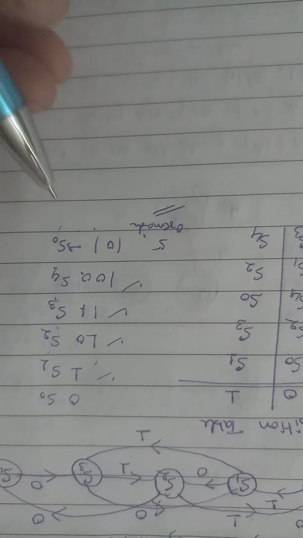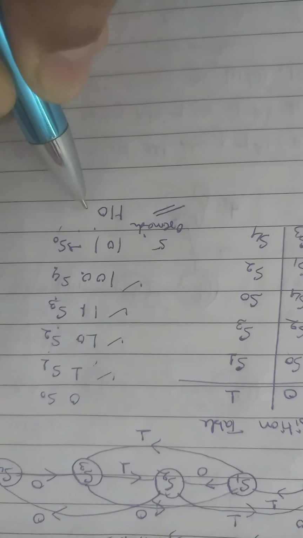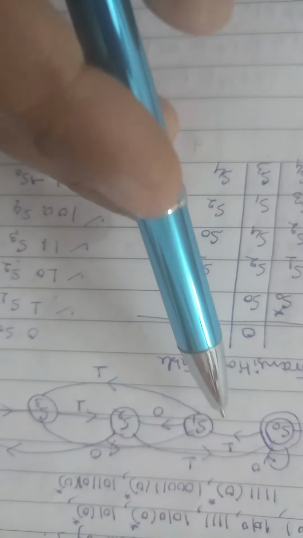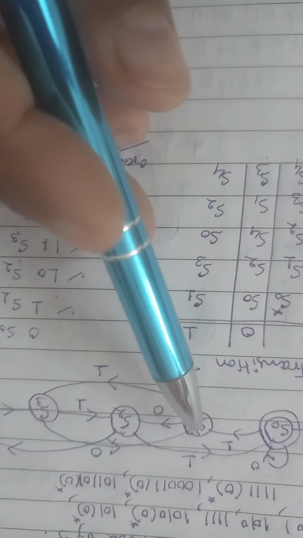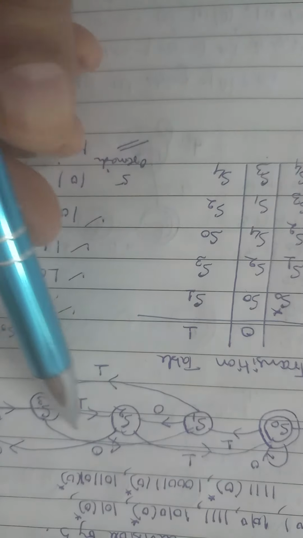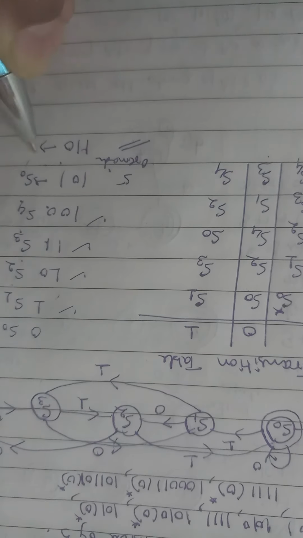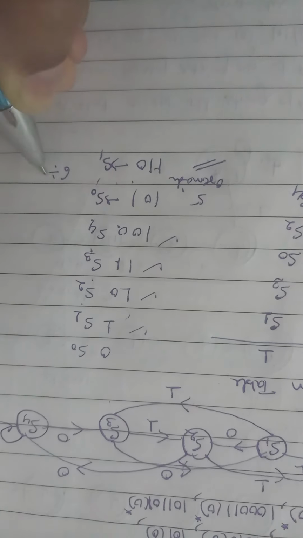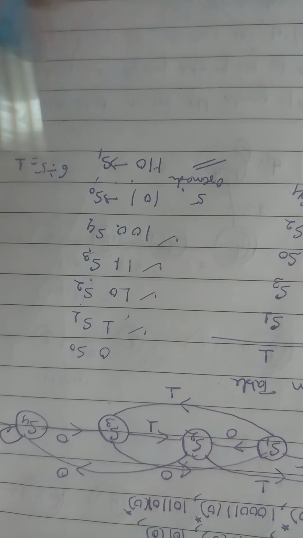In the similar way, we can see when 1 1 0, where are we reaching? We are reaching on S1. And what does 1 1 0 mean? 1 1 0 is 6. 6 divided by 5, what remainder are we getting? 1. That's why we are reaching on S1.